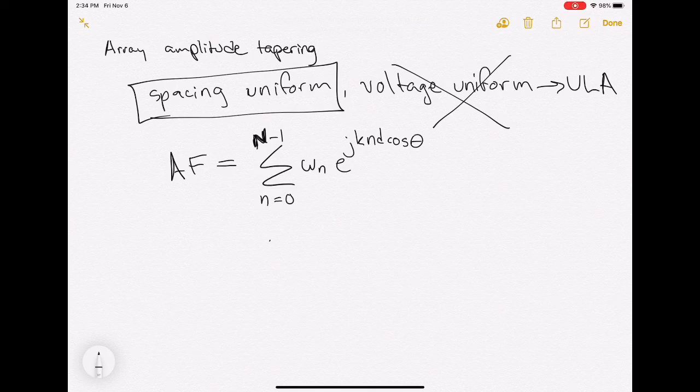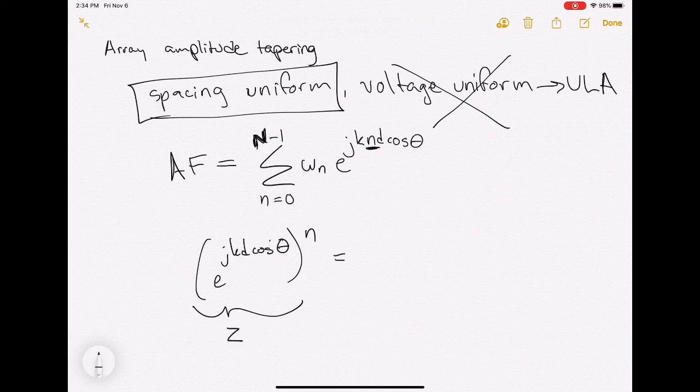Now, if we notice that there's this n in the exponent here, we could write that as e to the j k d cosine theta, to the n. Or if we define e to the j k d cosine theta to be some variable z, we just write that as z to the n.